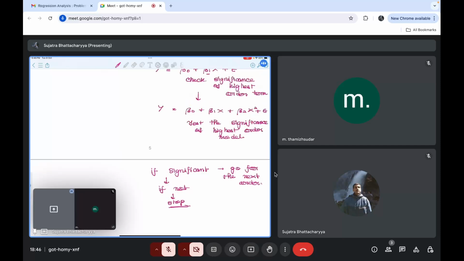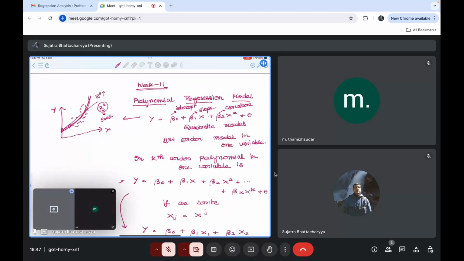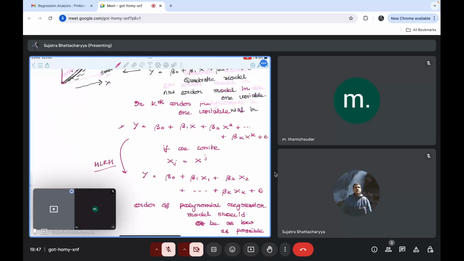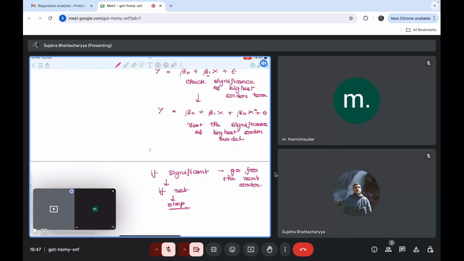Suppose this is the data, you first fit a single straight line. If beta 1 is significant enough, then go for the second one. If you fit that model and beta 2 is significant, then it's fine, go for the third order. If it is not significant enough, then you stop here. That is the final model. So this is how you have to proceed.